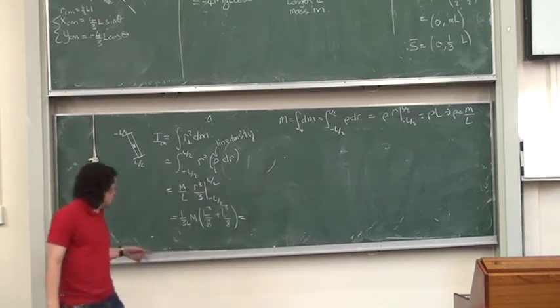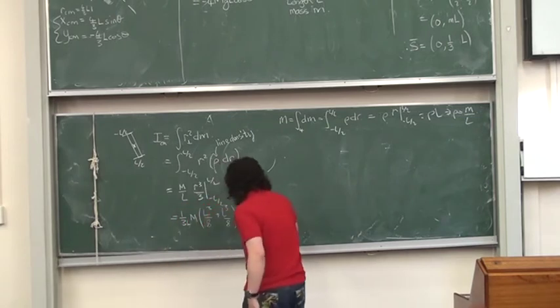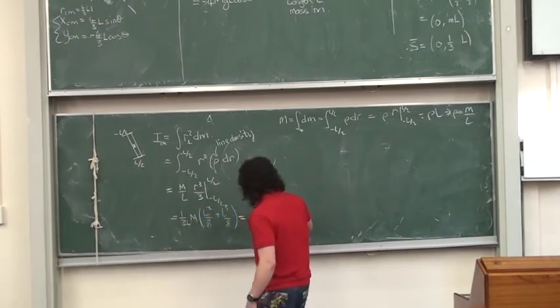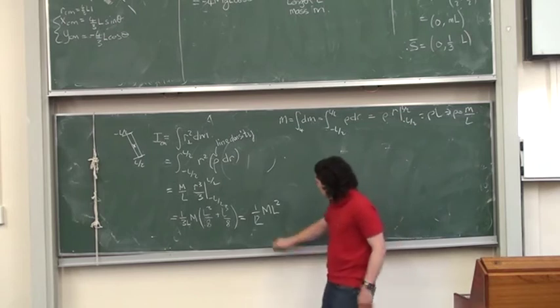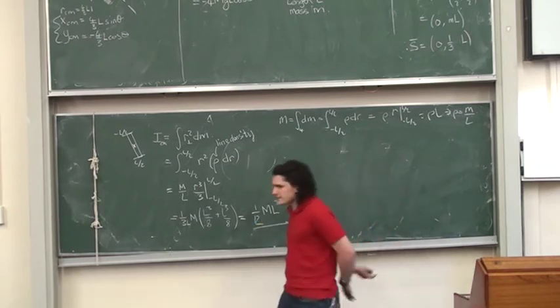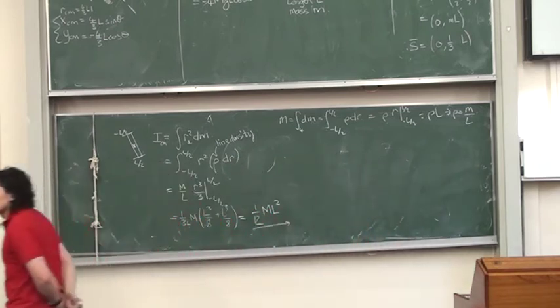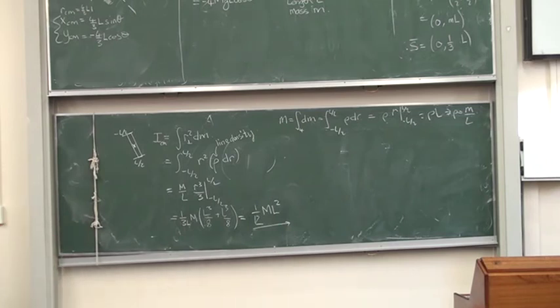Right, and so when we put it all together, we get 1/12 mL squared. And that is the moment of inertia of the rod when rotated through its center of mass.